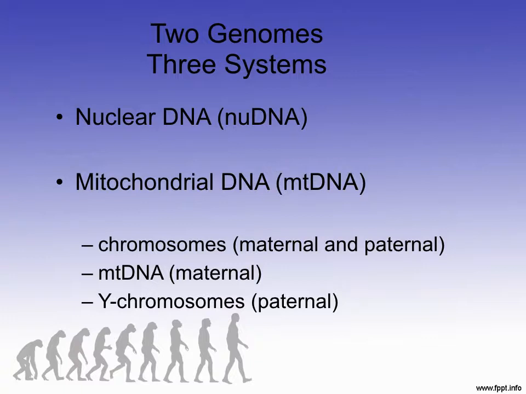also in ancient DNA. The mitochondrial genome is much smaller. It's only a little more than 16,000 bases long. It's double-stranded DNA, so it's complementary, but it's not paired the way that the chromosomes are.